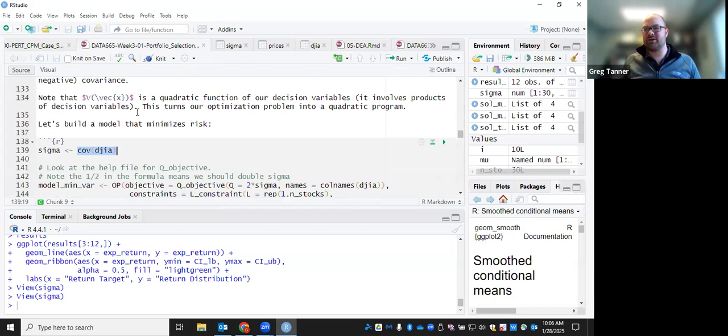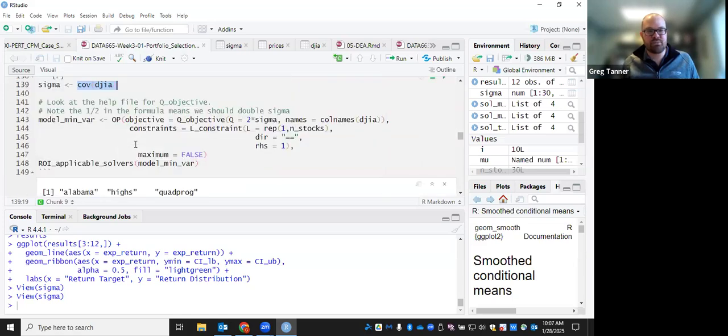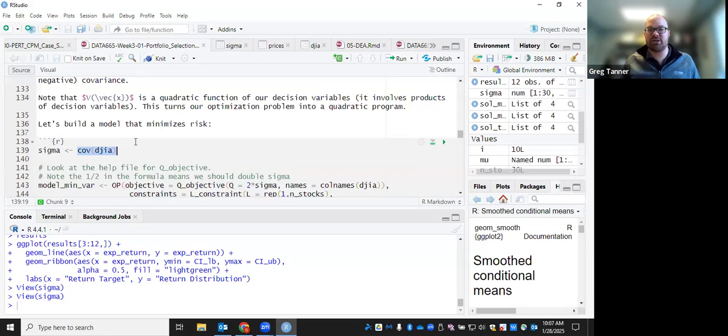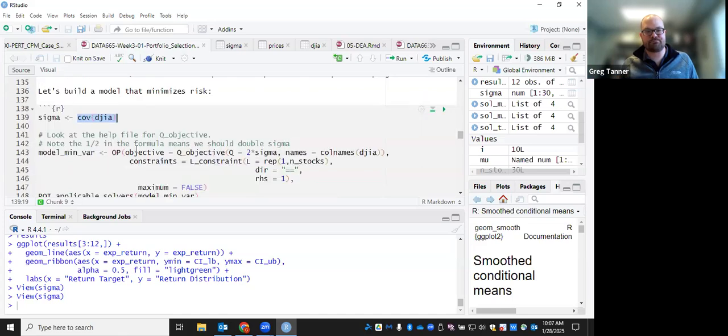So there's maybe some trade-off between how much we want in our expected value versus how much variation there is. And I'll look at that a little bit at the very end too. So this first model that we're going to build just minimizes the risk, okay, by minimizing that variance function.